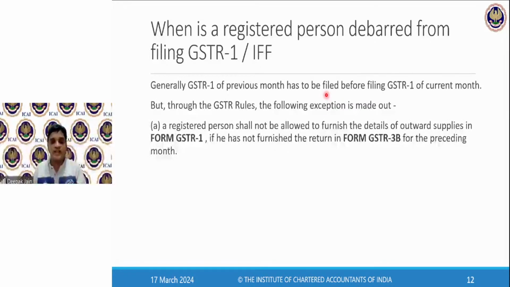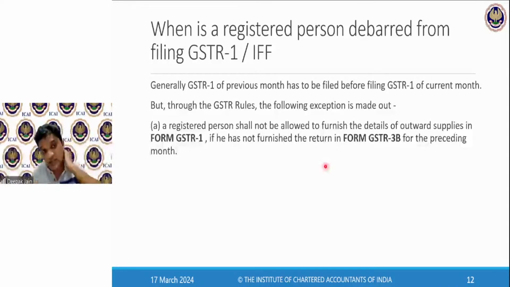Similarly, in filing GSTR-1, you have to file GSTR-1 of the previous month and then you have to file GSTR-1 of this month. Again, here there is a relaxation which is given and that relaxation is operationalized through this rule. And the rule says, a registered person shall not be allowed to furnish the details in GSTR-1 if he has not furnished the return in GSTR-3B for the preceding month.